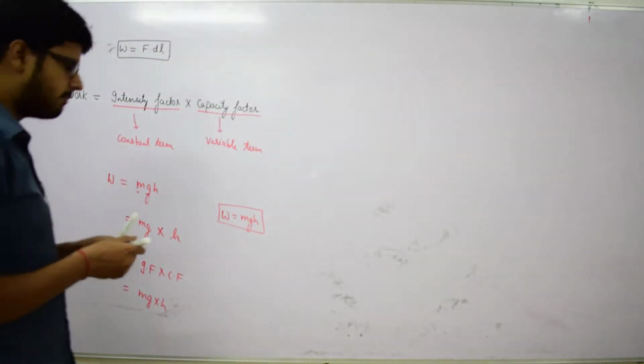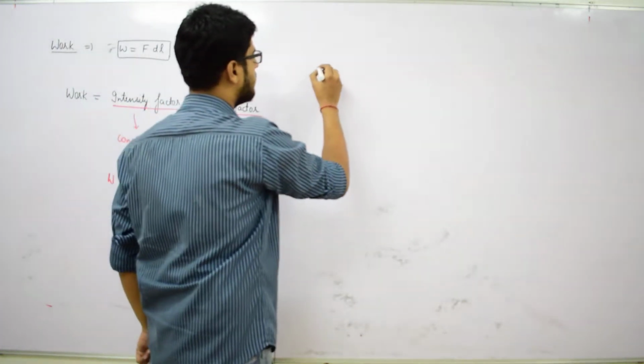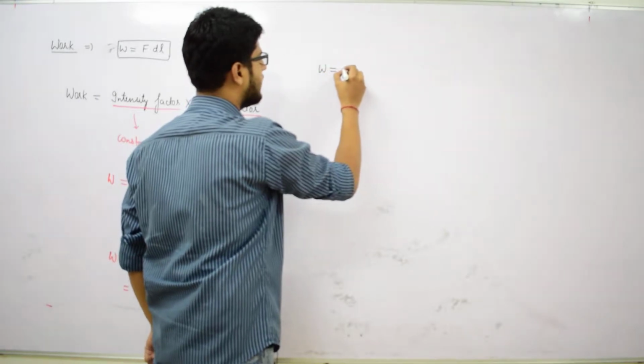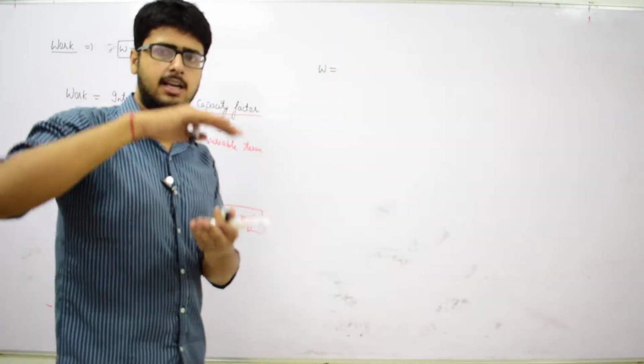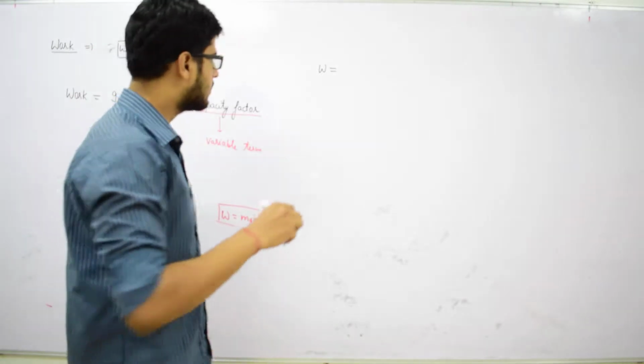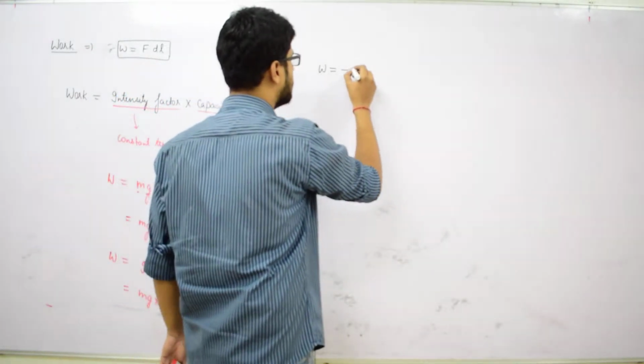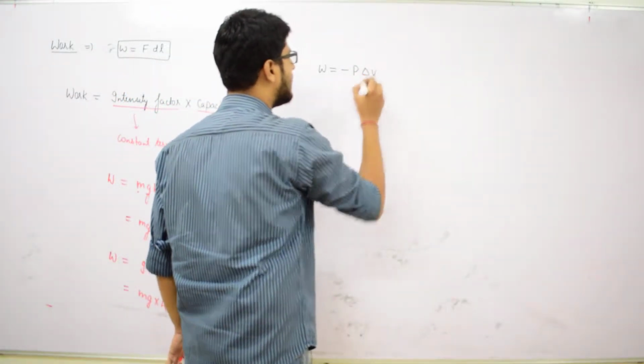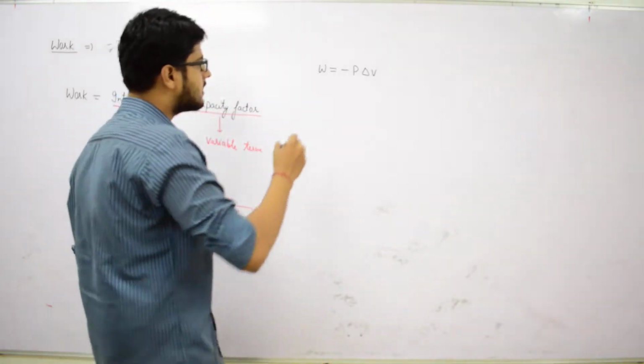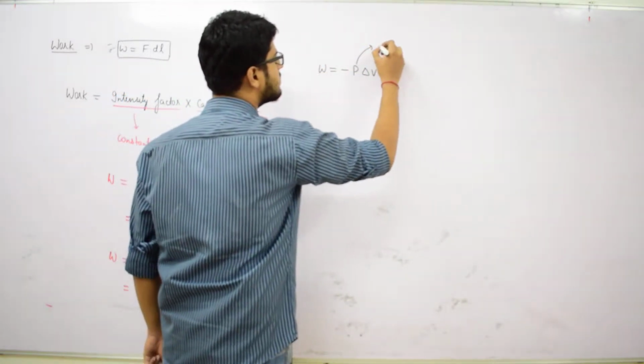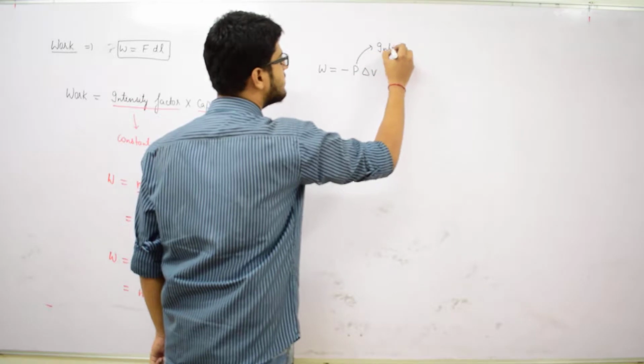Again, if we take one more example, like the work done obtained during the expansion of a gas when the pressure is released. So, this work done is equal to minus P delta V. In this case, P is the constant term, so it is called intensity factor.